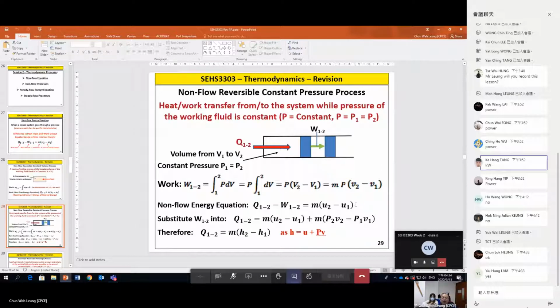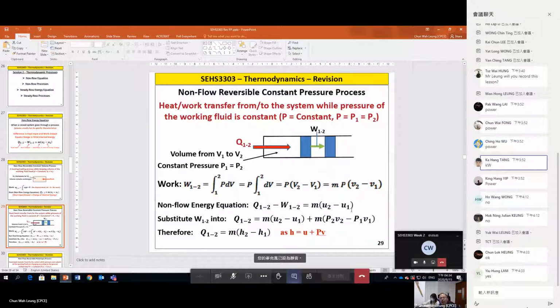Again, first, you need to know what kind of working fluid you are dealing with. If this is, say, water and steam, then the internal energies U1 and U2 should be solved by steam table.